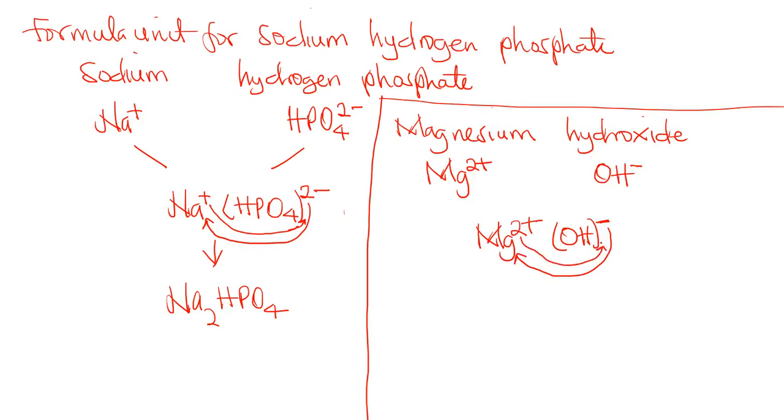Since this one will have a 2, we need to keep the parentheses. So you are going to have Mg(OH)2. That is magnesium hydroxide.